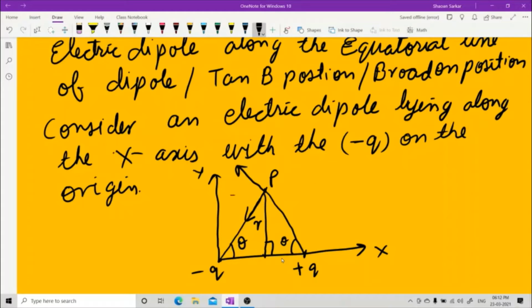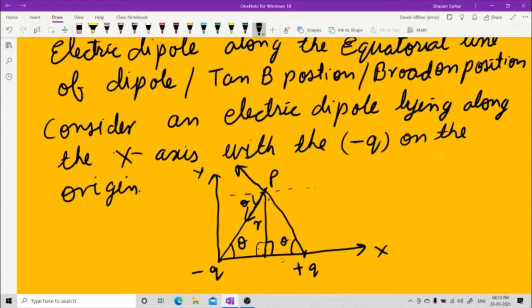Now draw a line parallel to the x-axis. Now this is theta, right? This is 90, this is 90 minus theta, so this is theta. If this is theta, similarly, this is theta. Now this portion is 90 minus theta, right?